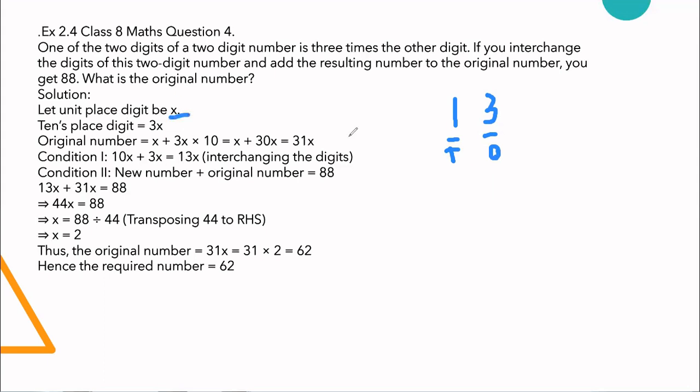Then the tens place will be 3 times x. Okay, let us go forward. The original number is x plus 3x multiplied by 10. How did we get that? That is equal to x plus 30x, which is equal to 31x.